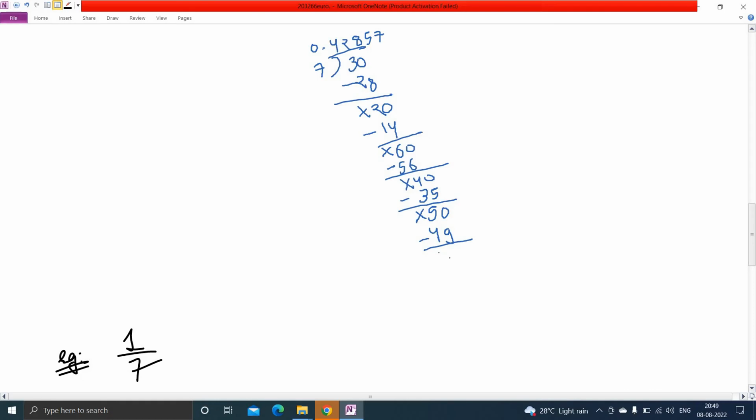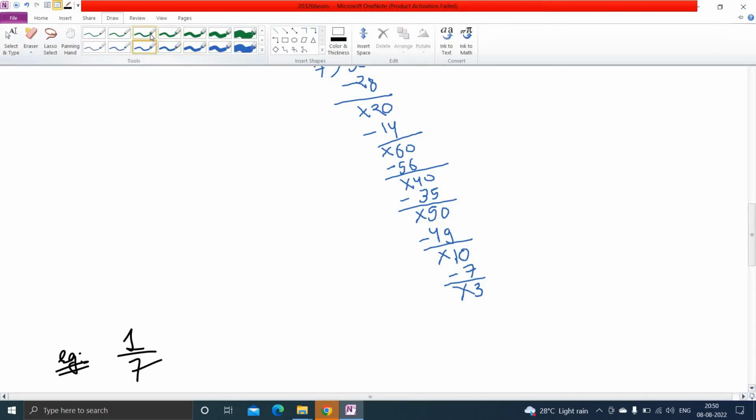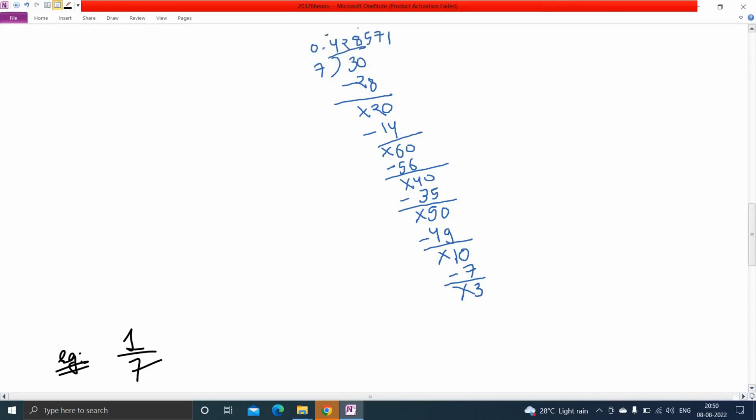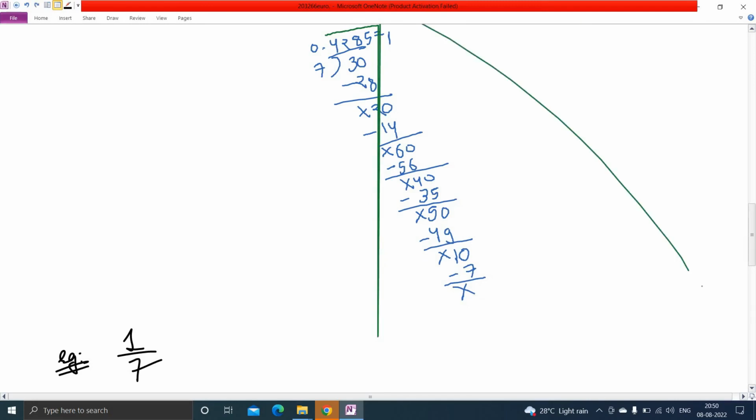I put the 0 again and get 7 1s are 7, and again I am getting 3 as a remainder. As you can see, if I put a 0 again after these 3, the same steps will be repeated. So what can I conclude? I can conclude this part is repeating here.